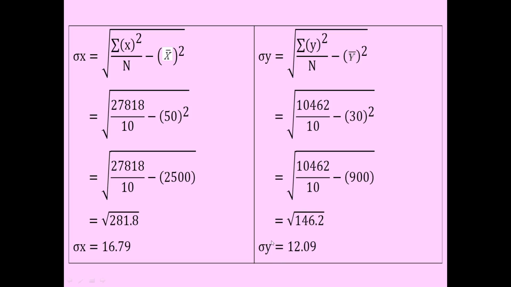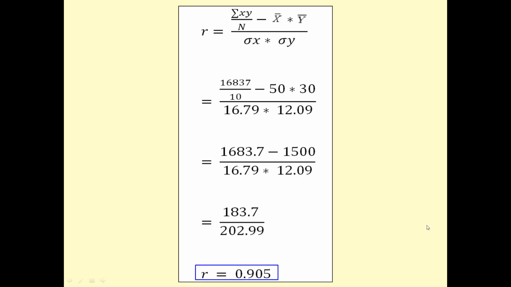And the standard deviation of y is 12.09. So we have to put the values in the formula of correlation coefficient, that is summation of xy minus x bar into y bar divided by standard deviation of x into standard deviation of y.